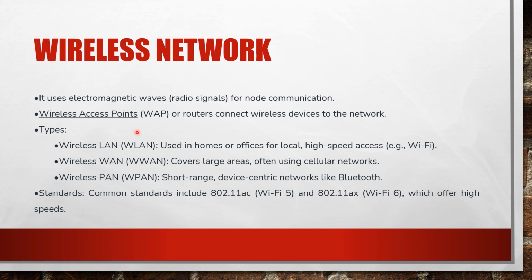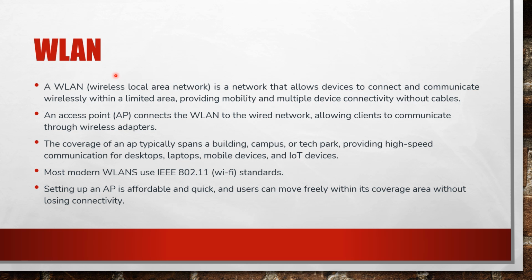And these are termed Wi-Fi 5 and Wi-Fi 6, which we are using in day-to-day life. And finally, WLAN is nothing but the wireless LAN, which is a kind of LAN which utilizes wireless technology. So it combines the LAN's advantages with wireless abilities for improving mobility.